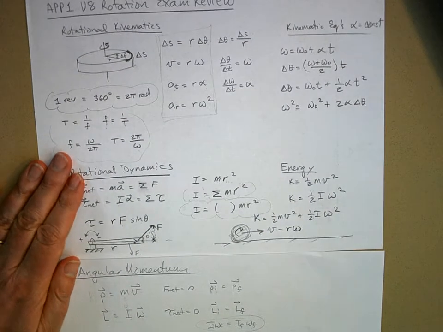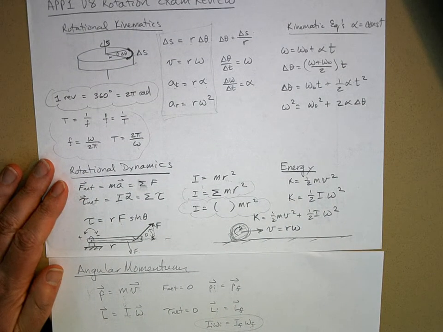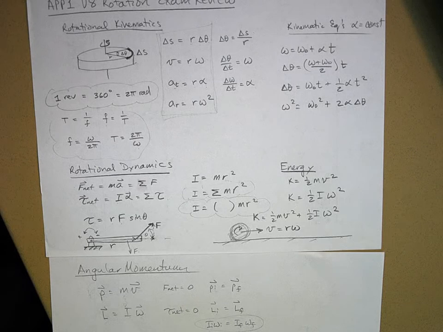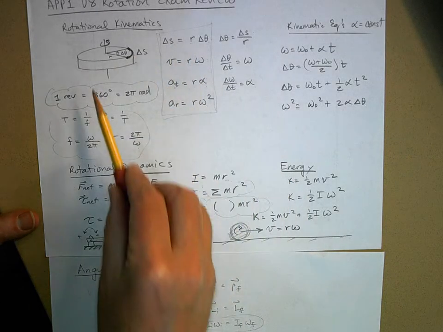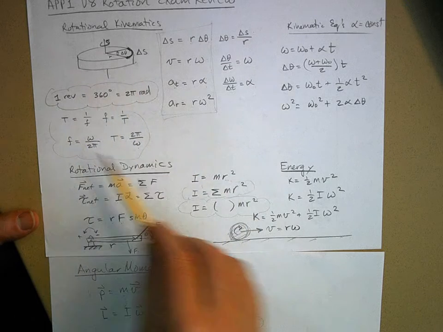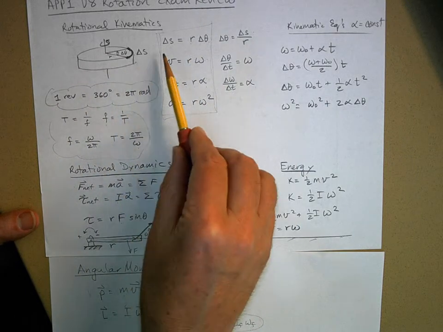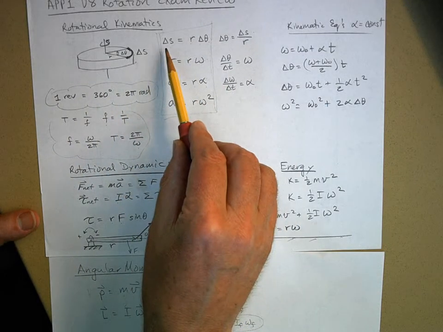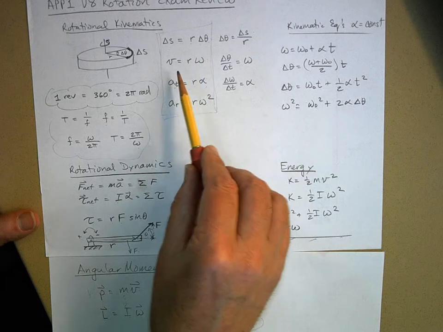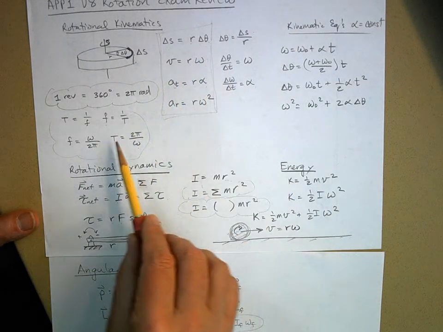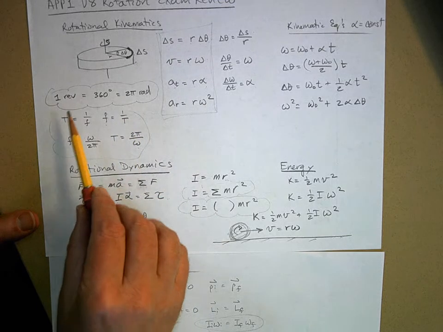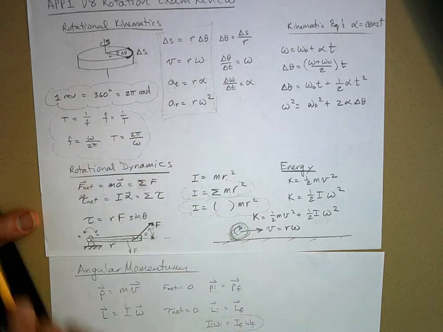Now this gives you a map of the kind of problems I'm going to give. I'm going to see if you understand the relationship between the arc length, the change in angle, the speed, the angular velocity, all of this stuff. I'm going to see if you can convert from revolutions to radians to degrees.